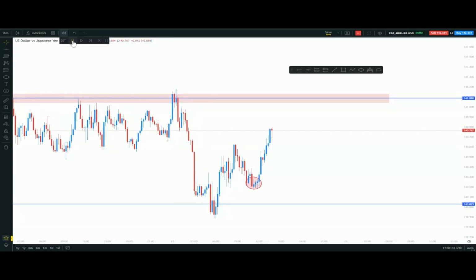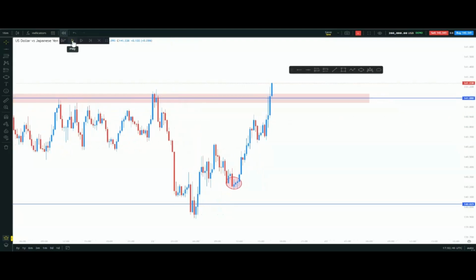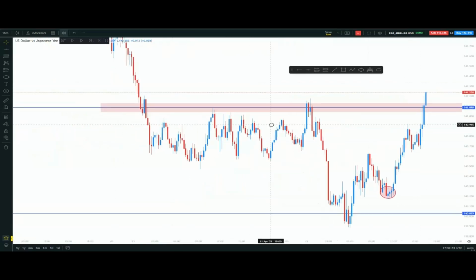Now let's break price. Right now you can easily see that price has broken above this zone, which I had marked up right here by this rectangle. This is a range of pips where price had rejected, so it was a resistance for these choppy market conditions.